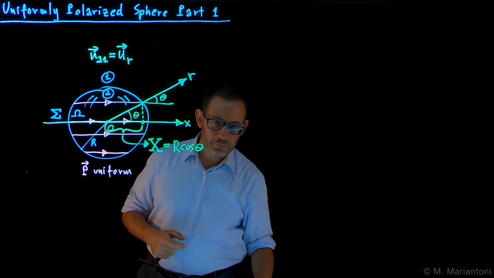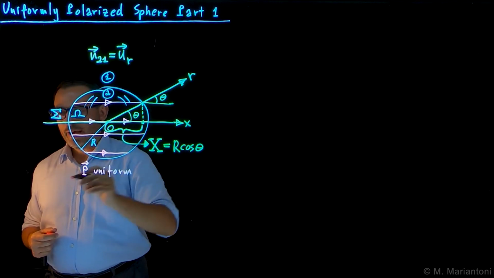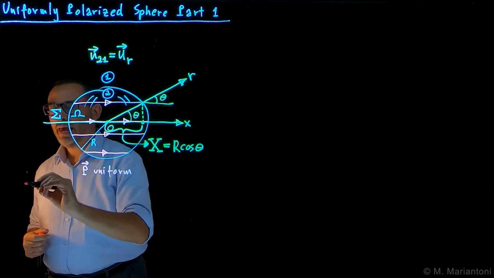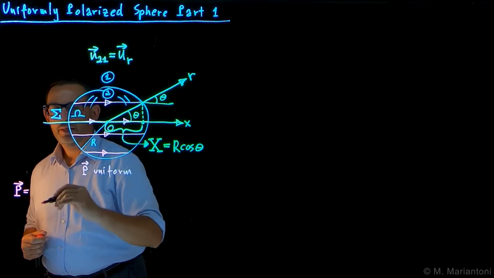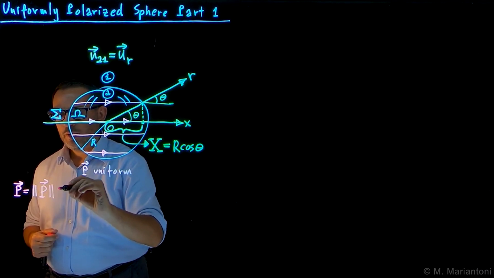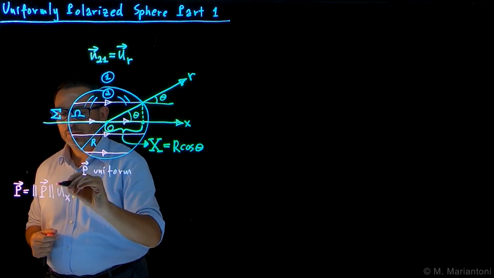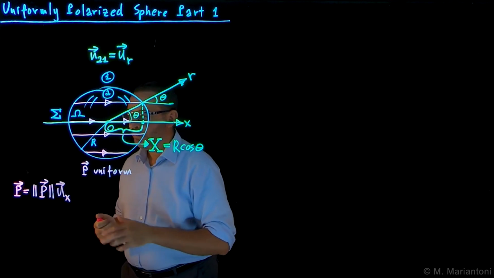With respect to this coordinate system, with the x-axis, since P goes along x, in this specific case the capital P vector, the polarization vector, is uniform, so it's given by the norm of capital P vector along the u_x direction and is uniform.